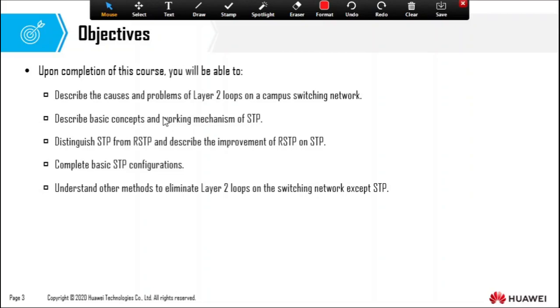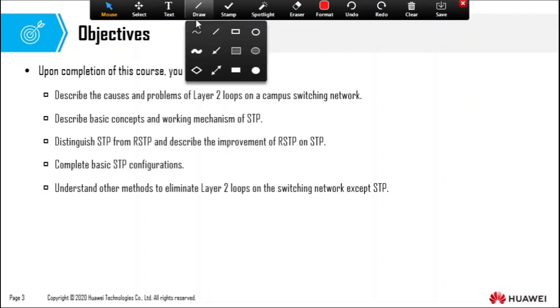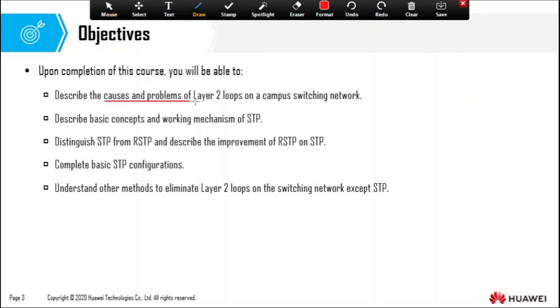Okay. So by the end of this chapter, you should be able to describe causes and problems of layer 2 loops. Then basic concept and working mechanisms of STP. Then how different is STP from RSTP? Then we do some configuration, STP configuration.